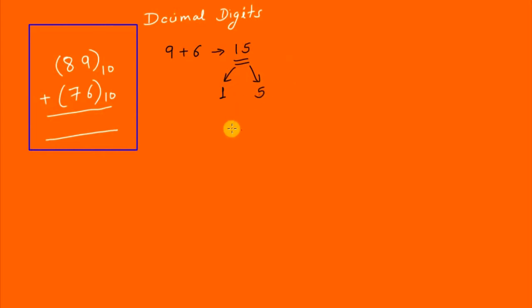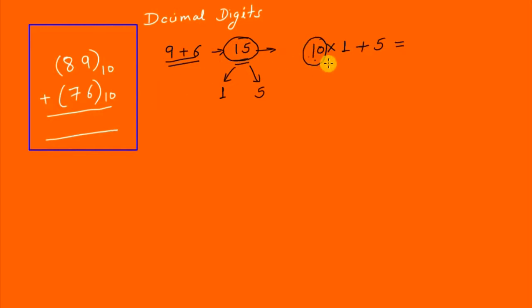So how are we getting this? 9 plus 6 is 15, but we cannot write 15 directly in base 10 because there is no digit other than 9. So we write it as 10 into 1 plus 5. This is the same for all bases; we just change the base.